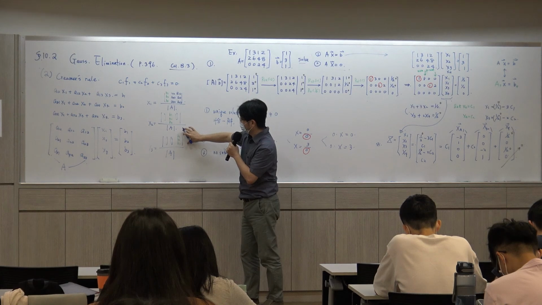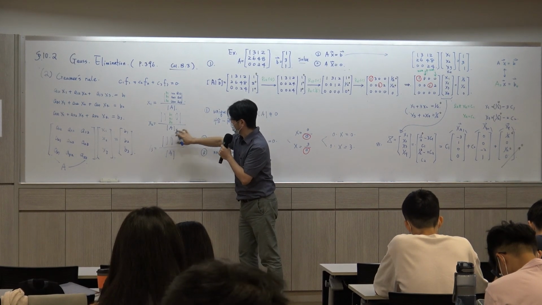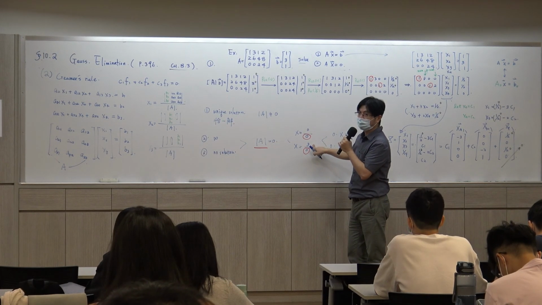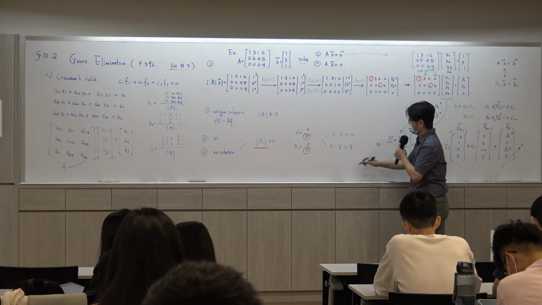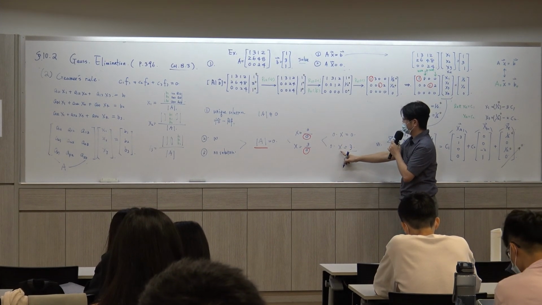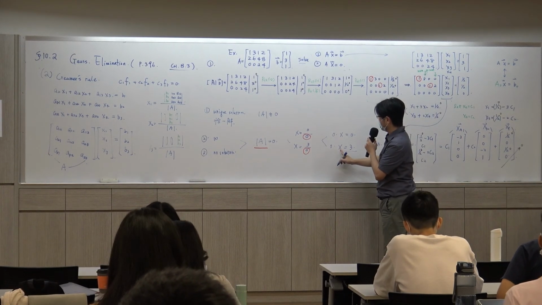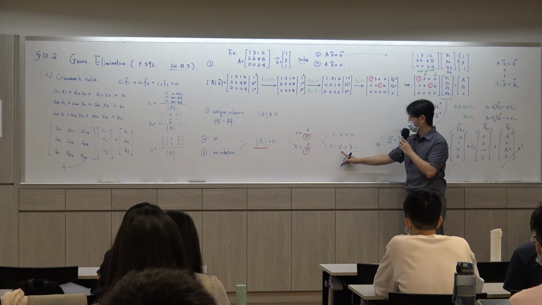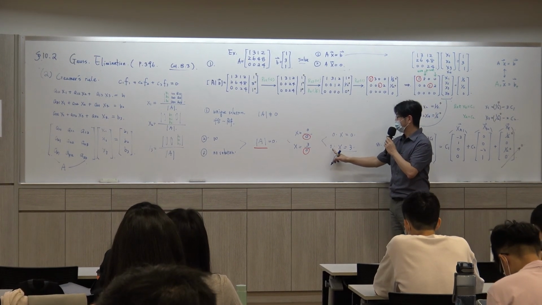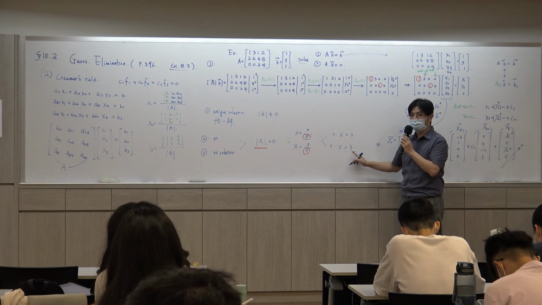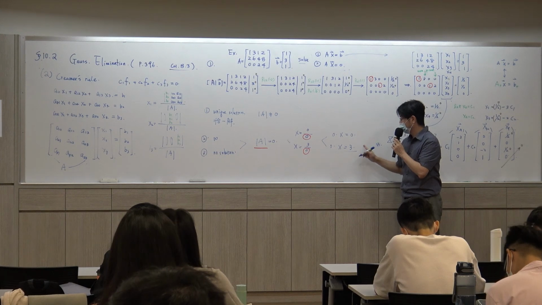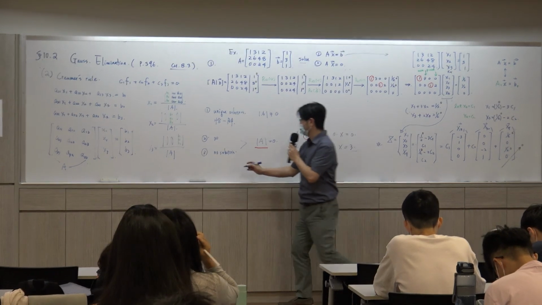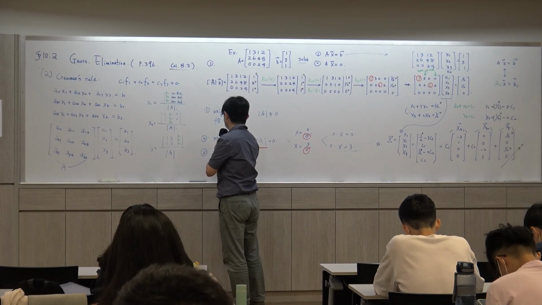This is the determinant in the denominator, and the denominator cancels. So for the solution for the equation, you cannot find any solution that can work for this equation because 0 times anything equals 0, right? So in this case, it should be no solution. It's called 无解.